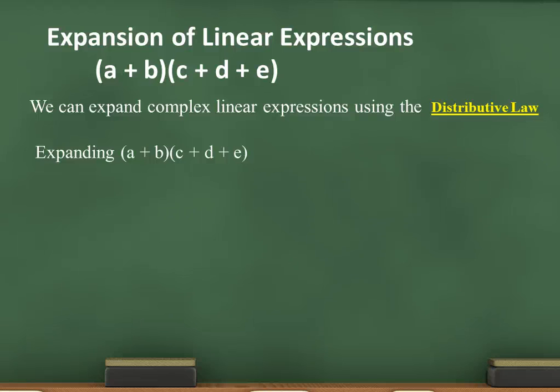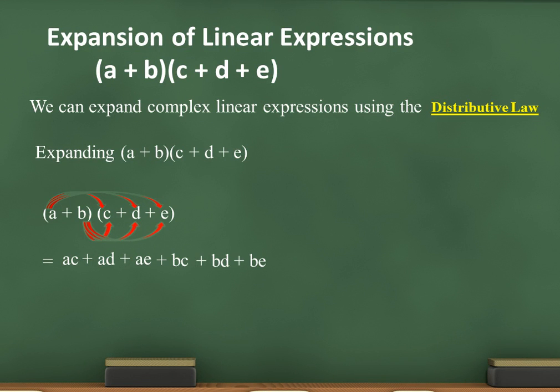I hope you have given it a decent try. Let's compare the answers. Expanding the linear expression, I'm going to use the distributive method. I'm going to distribute A to the second bracket, so I get AC plus AD plus AE. Next, I'm going to distribute B, so I get positive BC plus BD plus BE.